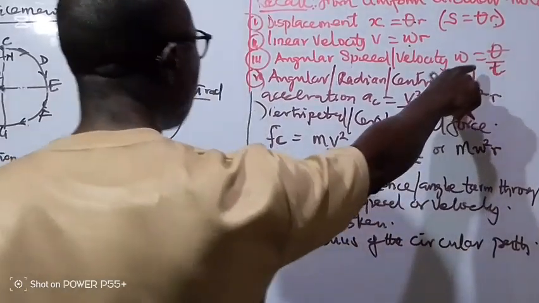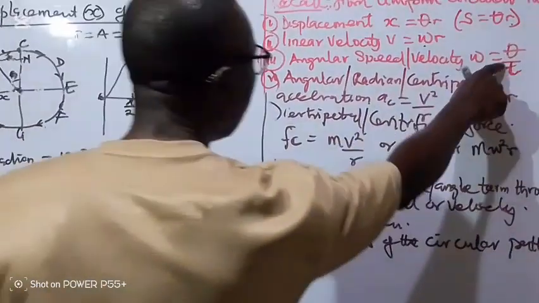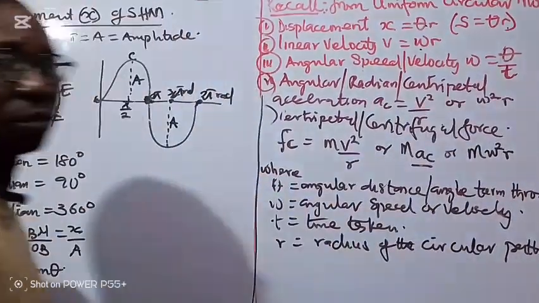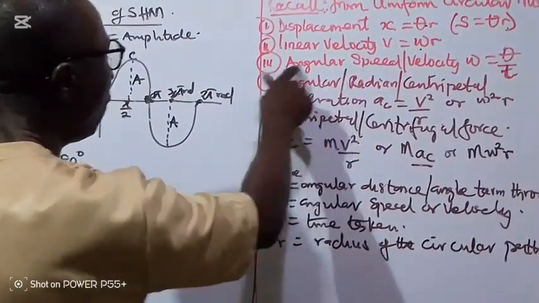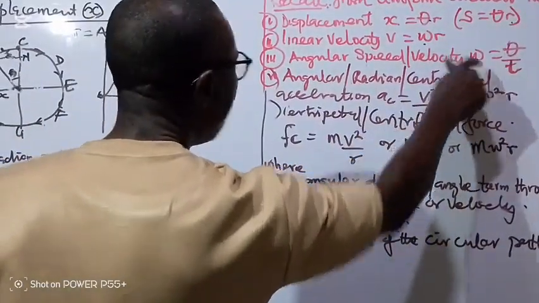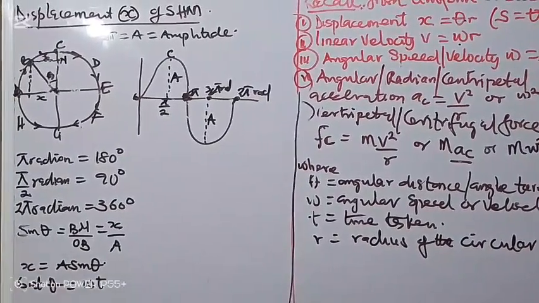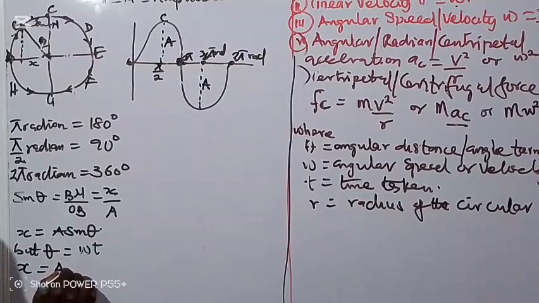If you cross multiply here, our theta will be omega t, from this Roman figure 3. So our theta will be equal to omega t, and so s will be equal to A sine omega t.